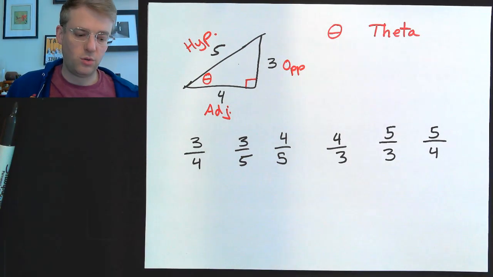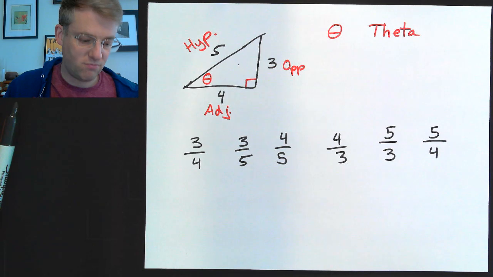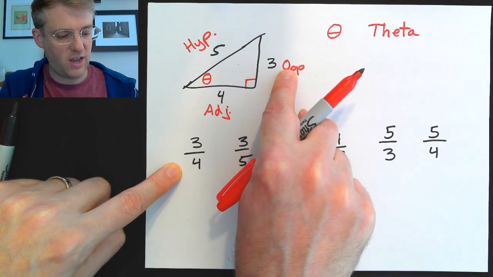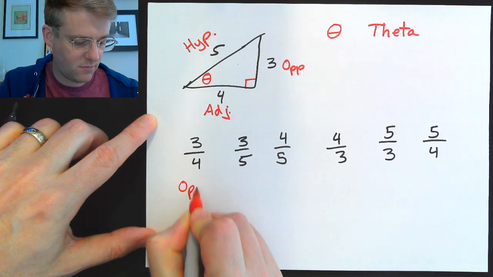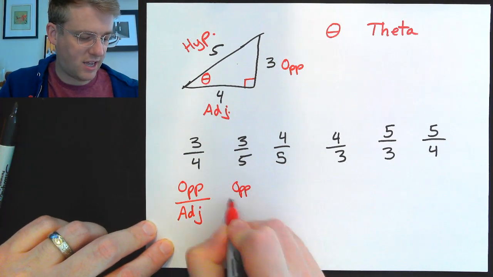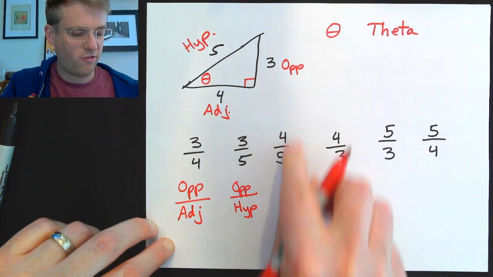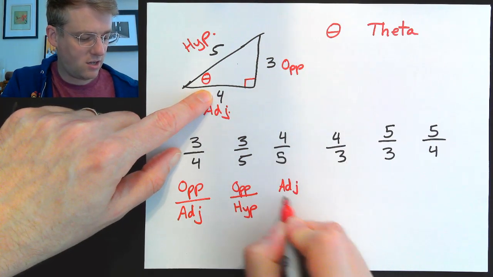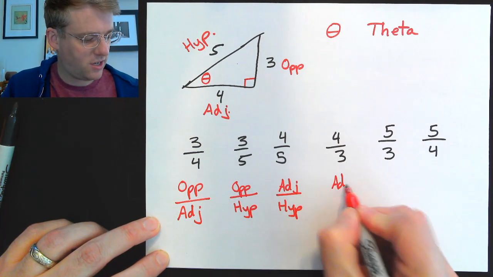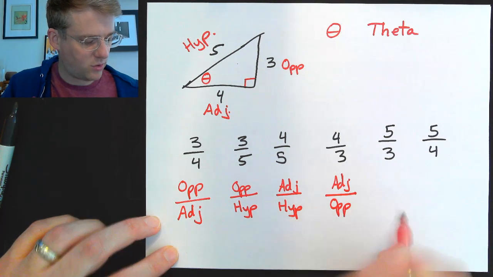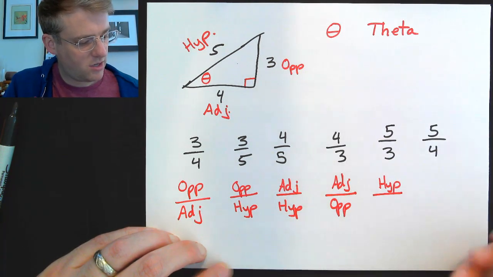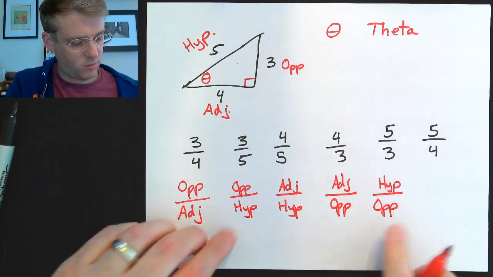Each of these corresponds to an opposite, adjacent, or hypotenuse side, and therefore a ratio of those two things. 3/4 is the ratio of the opposite side to the adjacent side. 3/5 is the opposite side to the hypotenuse. 4/5 is the adjacent side to the hypotenuse. 4/3 is the adjacent side to the opposite side, the reciprocal of our first one. 5/3 is the hypotenuse to the opposite side, the reciprocal of our second one.